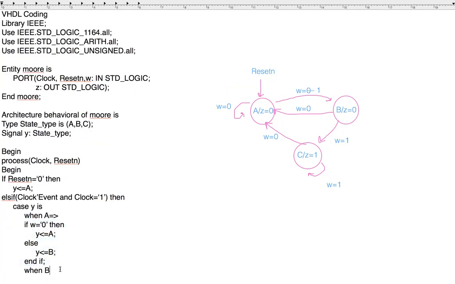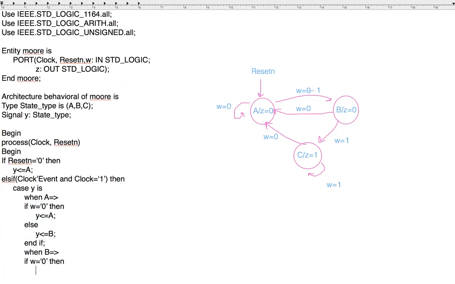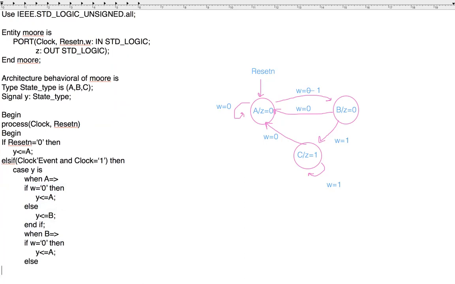Okay, next one is going to be when B. So when B, we're going to assign: if W is equal to 0, then Y is going to be equal to A. Else, Y is going to be equal to state B. And then end if.